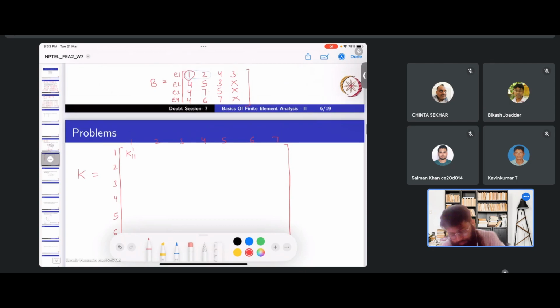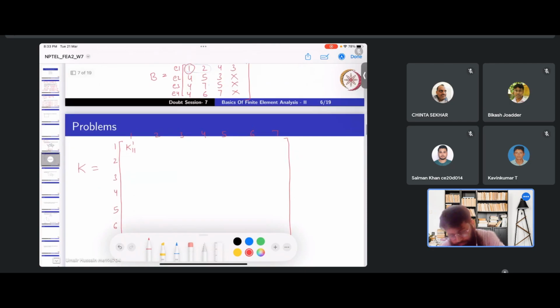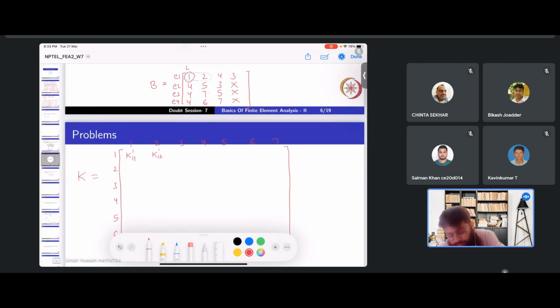So the contribution comes from only element 1, and the local numbering would be again 1 2, since 1 is at local position 1 and 2 is at local position 2, right?